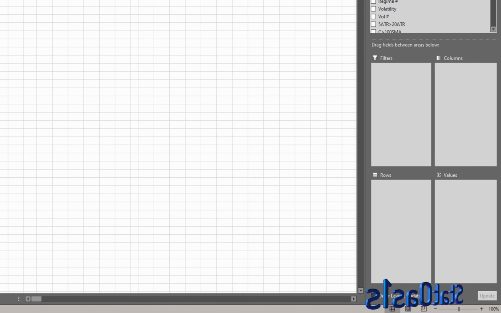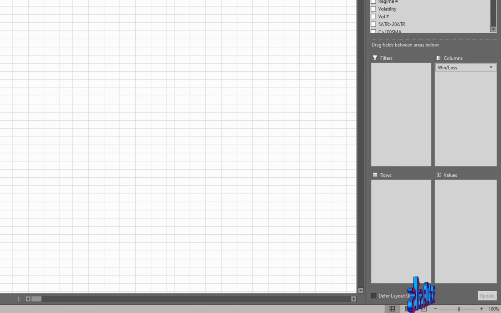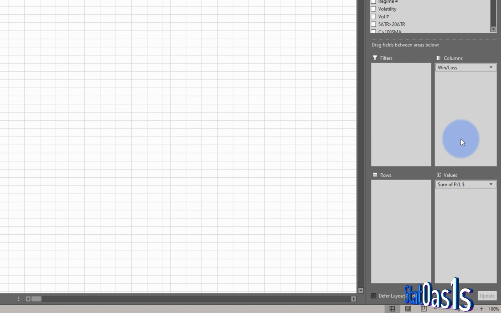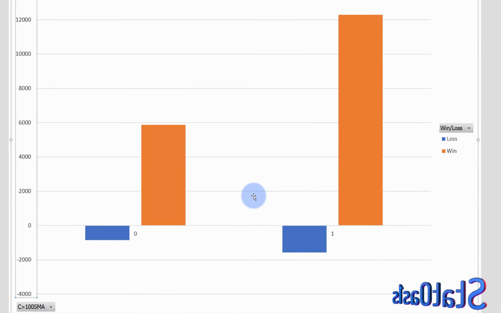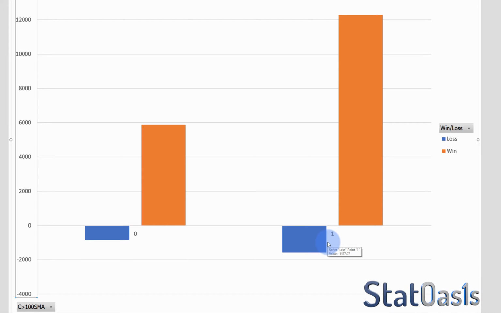Let's pick the win-loss again, and the P&L, and this time we want to see what happens when the close of the S&P 500 is above its 100-day simple moving average. And we can see that it's almost the same. I mean, we make more money when the S&P 500 closes above the 100-day moving average and we take our seasonal trades.